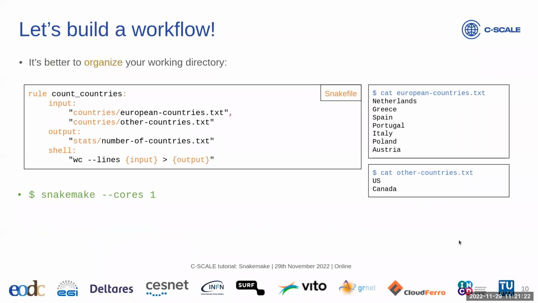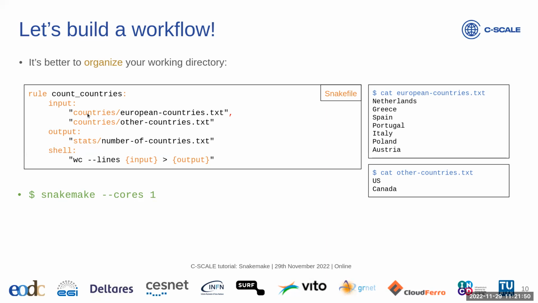Then, as your workflow starts to grow, it is good practice to organize everything in folders. Snakemake doesn't mind if you put things under subdirectories, and that's going to help you organize your workflow and your working directory better. It's going to be helpful for everybody.